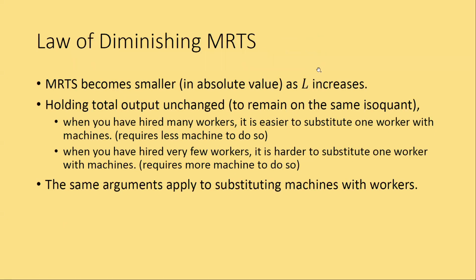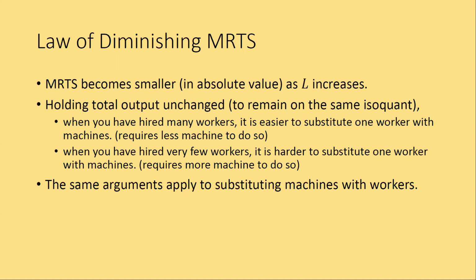And this is, I believe, the last concept that is very similar to what you saw in consumer theory. So in consumer theory, we have the law of diminishing marginal rate of substitution. And here we have the law of diminishing marginal rate of technical substitution.